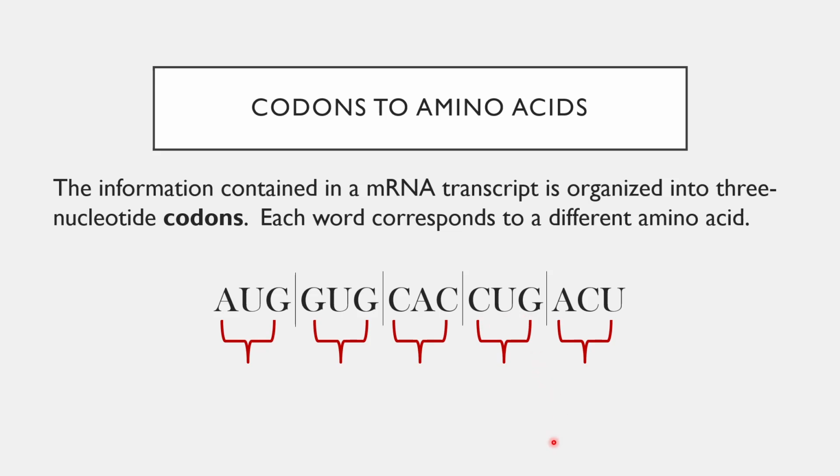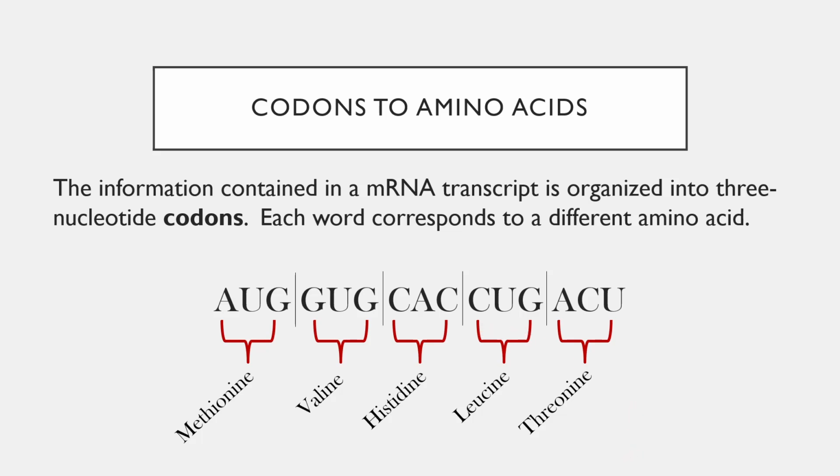And each 3-letter word is called a codon. And then the ribosome will find the tRNA that matches each codon and bring its own specific amino acid to the picture. So in this case, AUG gets decoded into methionine, GUG gets decoded into valine, CAC gets decoded into histidine, and so on.